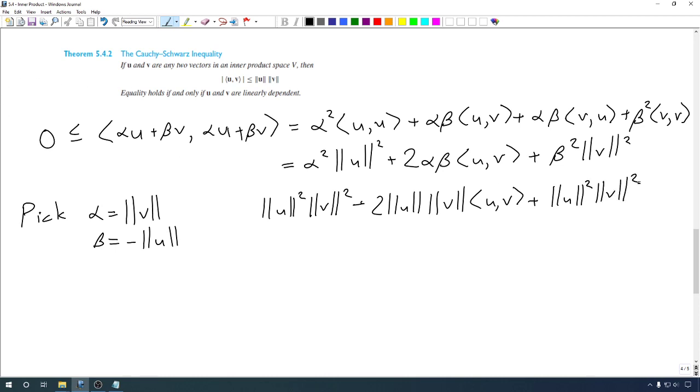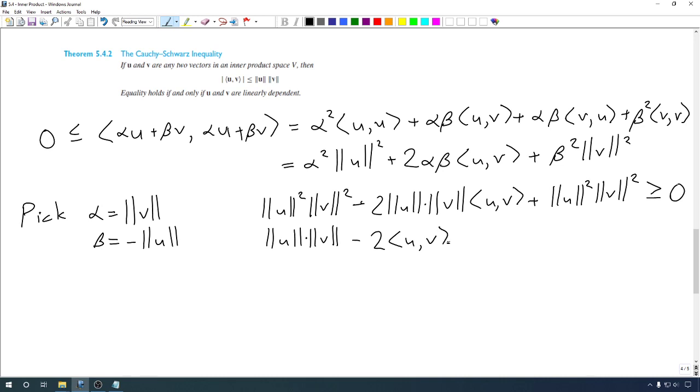And this thing has to be non-negative. Or in other words, if we divide everything by the norm of u times norm of v, this norm of u, norm of v, those are going to go away.